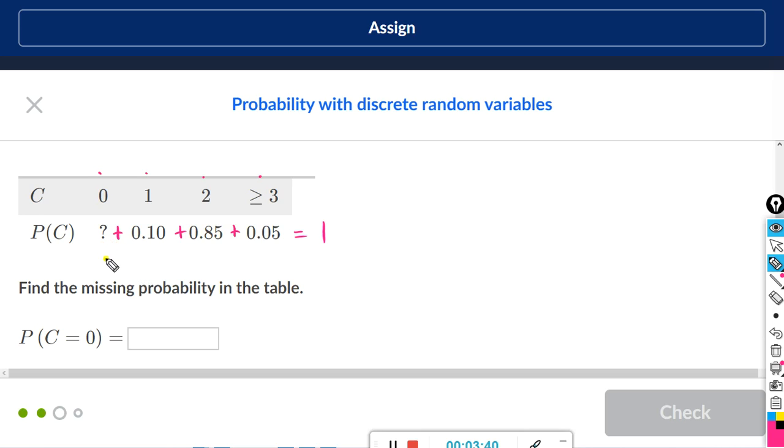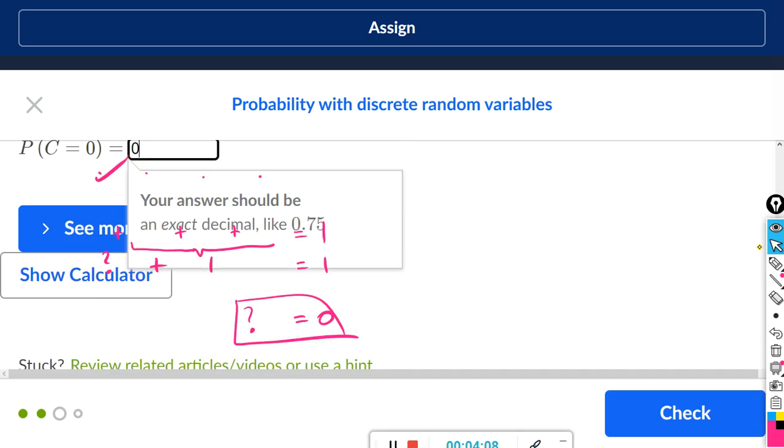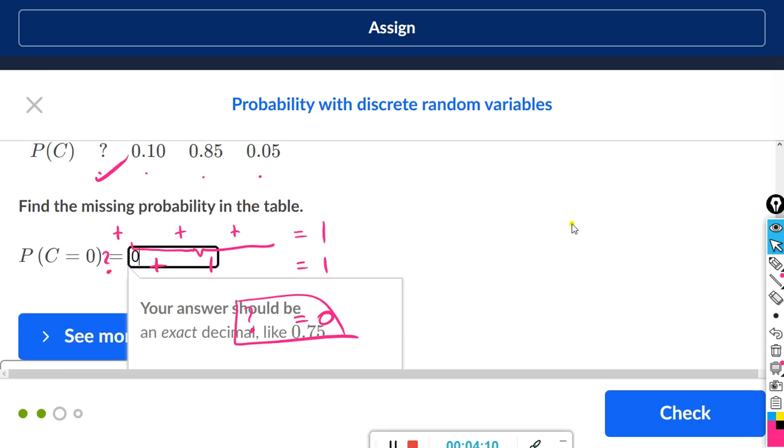So in other words, we have the question mark, and if we take these together, question mark plus 1 equals 1. If you just subtract 1 from both sides, the question mark equals 0. So there's no chance that she has 0 cups of coffee. In other words, she's definitely going to have coffee. So click inside the box and just type 0.